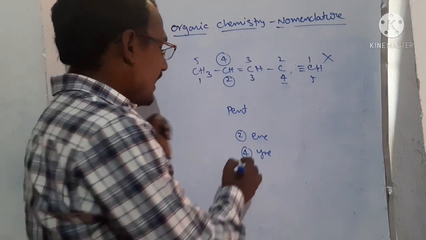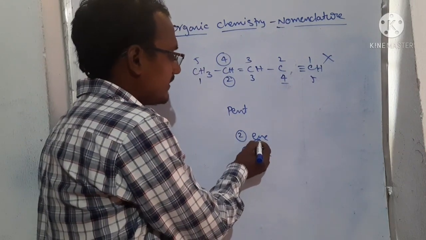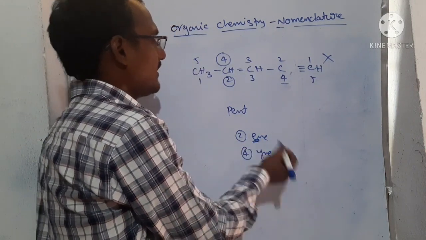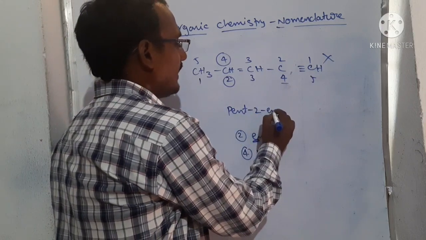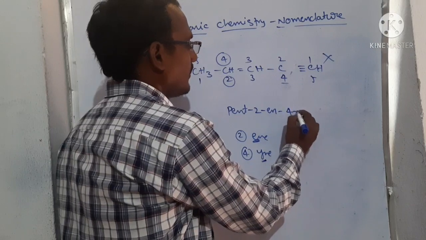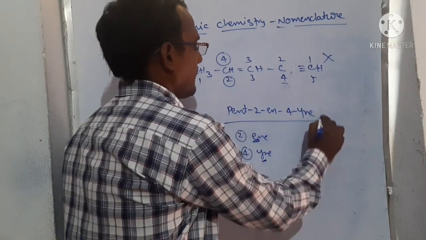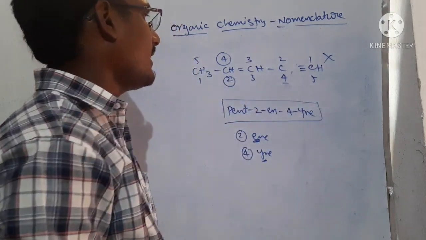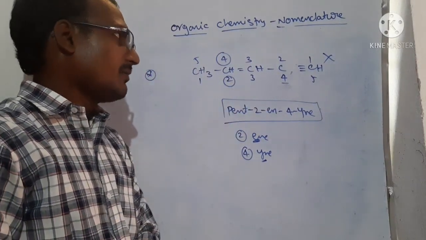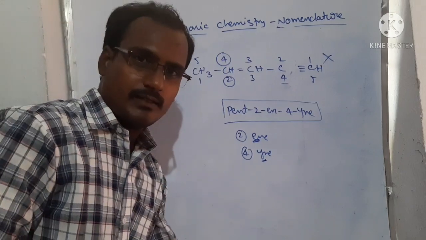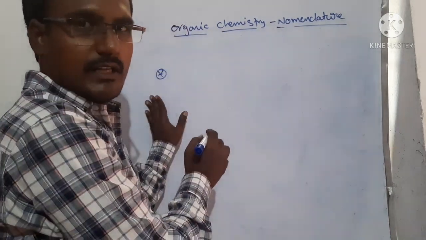Here, in alphabetical order, E comes first and Y is the next, so you should write E first. Pent-2-ene-4-yne. This is correct. When both are present, you give the priority to the double bond compared to the triple bond. Right? Good. Let us do another example.